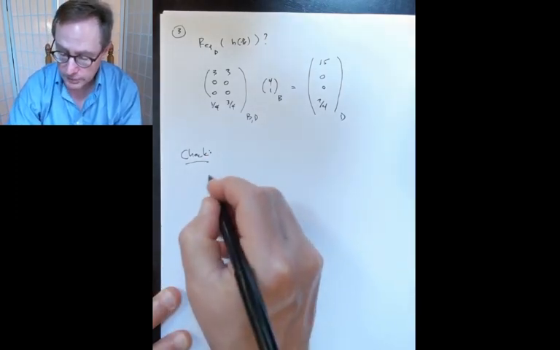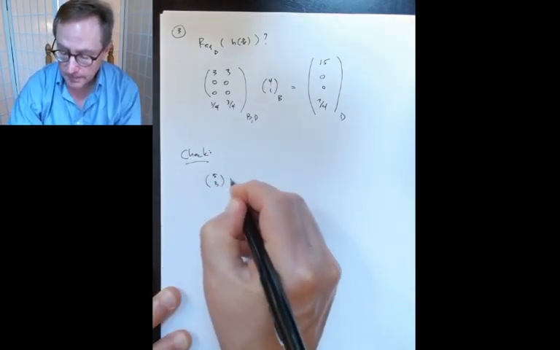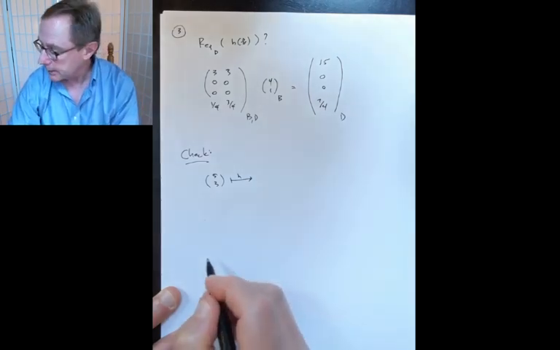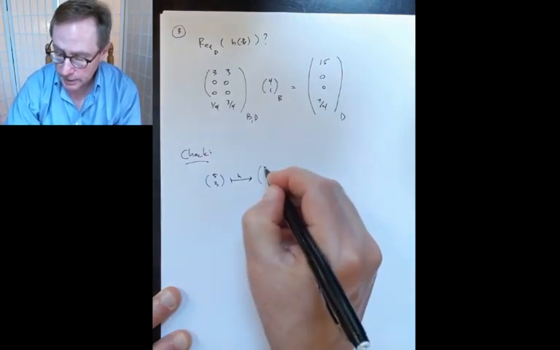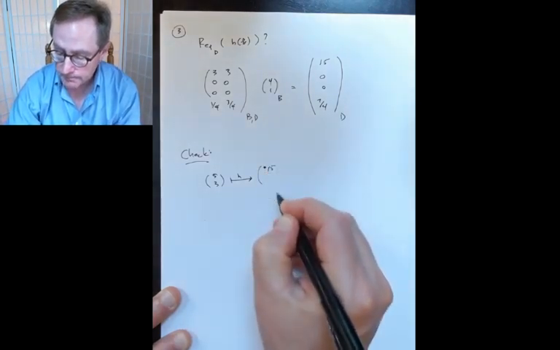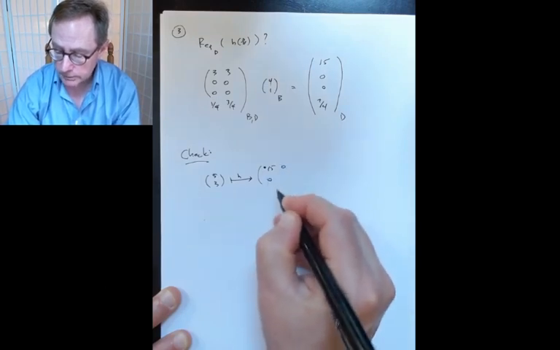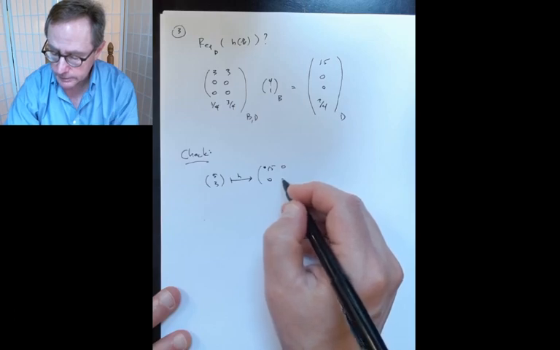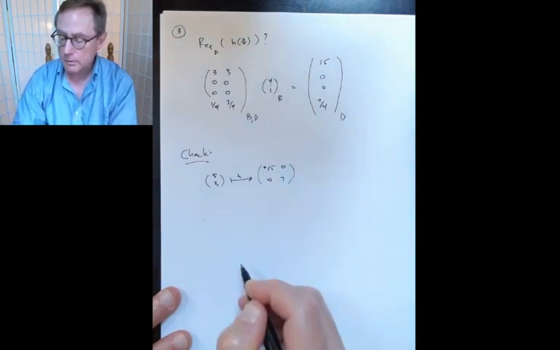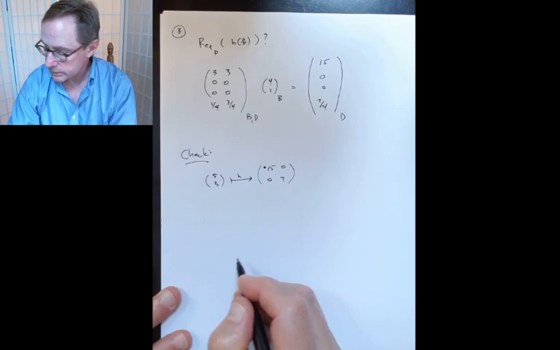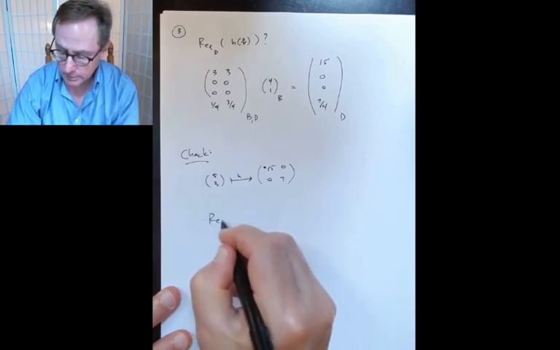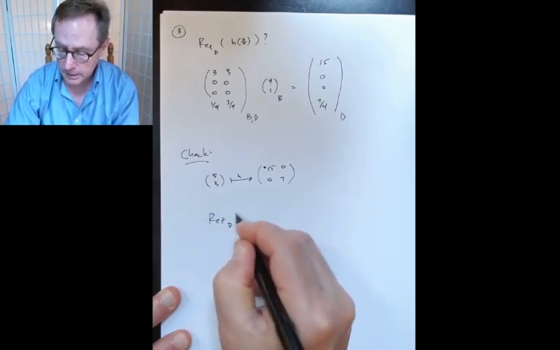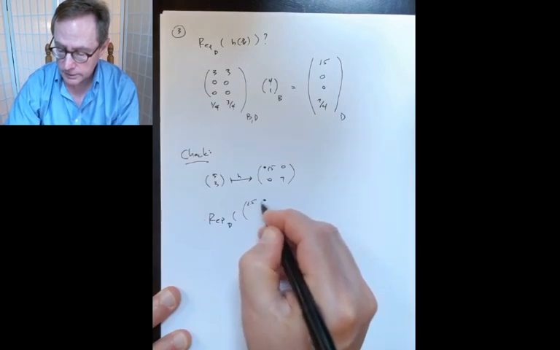So the definition of h says that (5, 3) under h goes to, let's see, this said 3x, so that's going to be 15. Then 0 and 0, and this said 2x minus y, so 2 times 5 is 10, minus 3 is 7. And what's the representation with respect to D of (15, 0, 0, 7)?